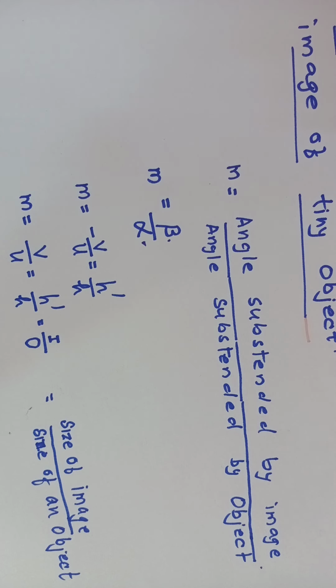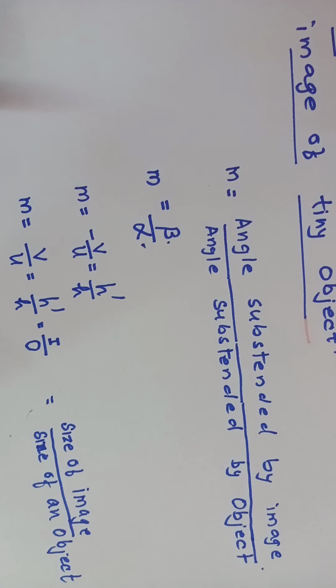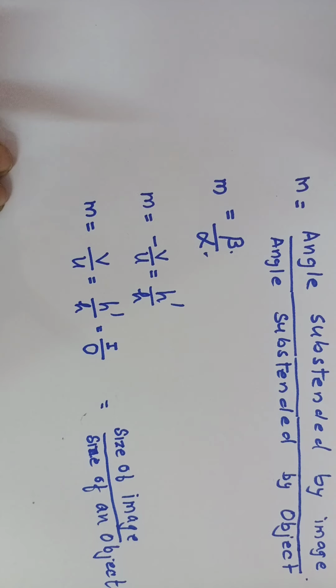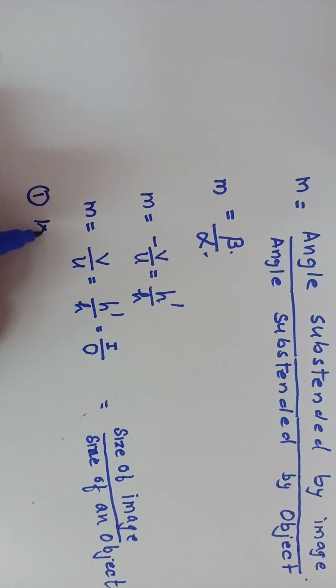Before going to that, two more important points: whenever we form the image, we form it under two conditions. Condition 1, when the image is formed at infinity.